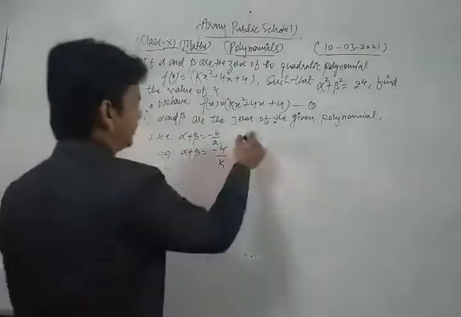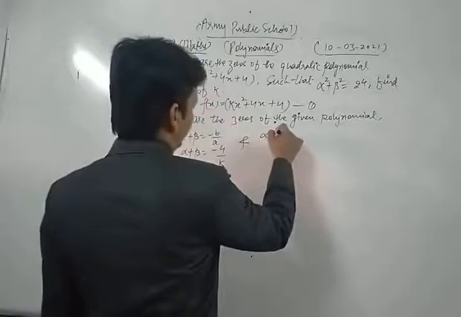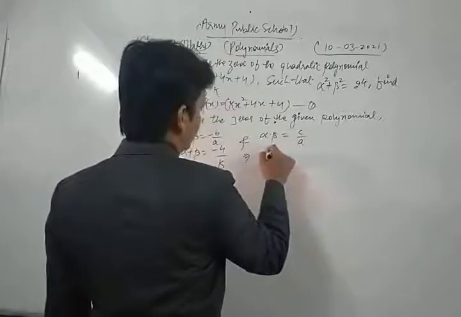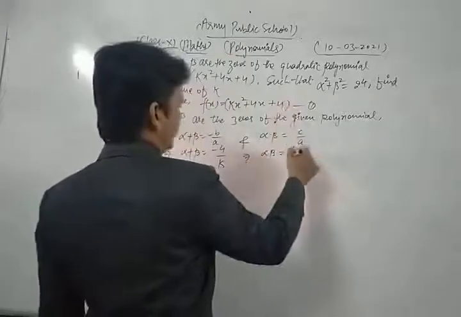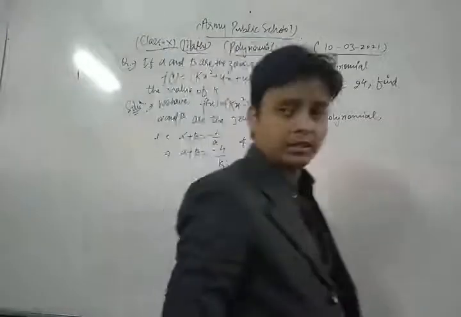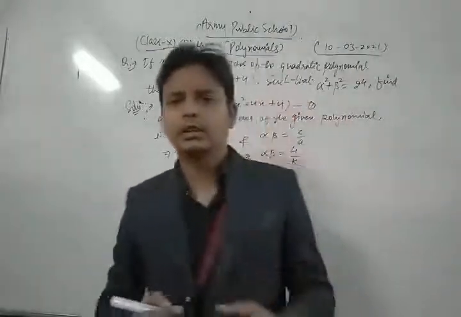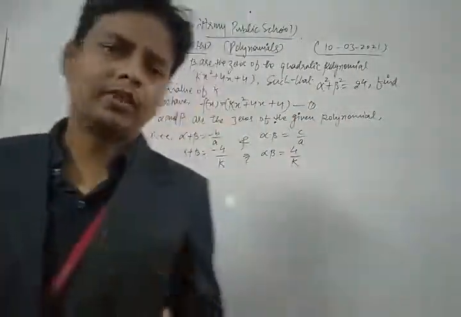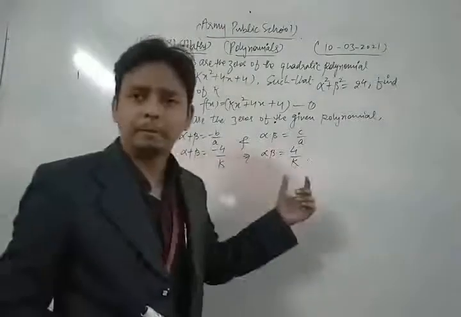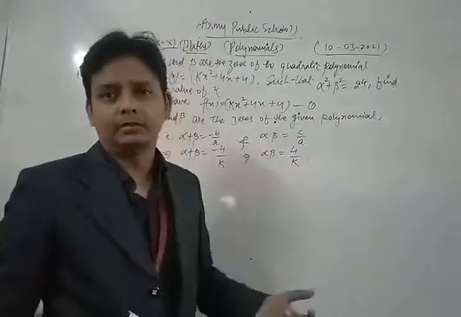And the product of zeros, alpha into beta, is equal to c by a, so alpha beta is 4 upon k. So first we find the values of alpha plus beta and alpha beta.